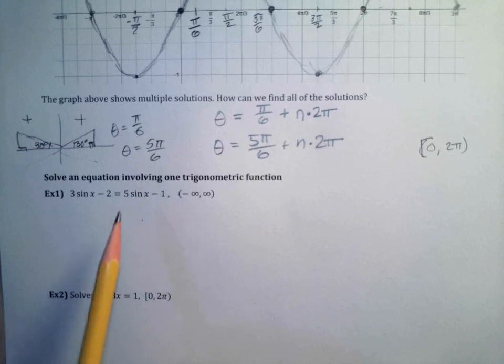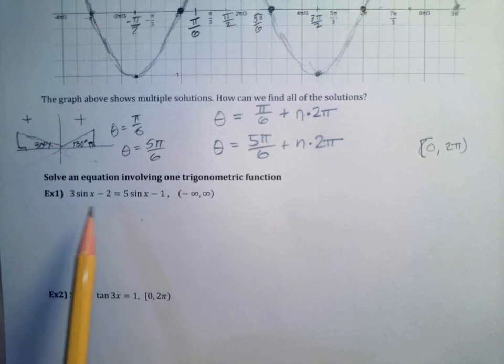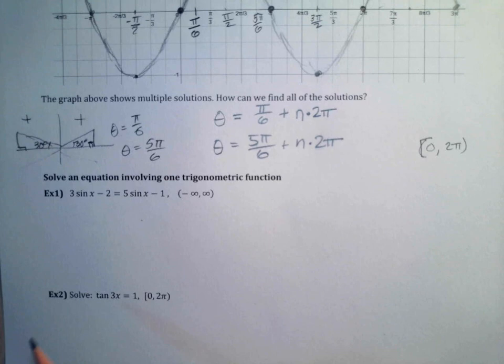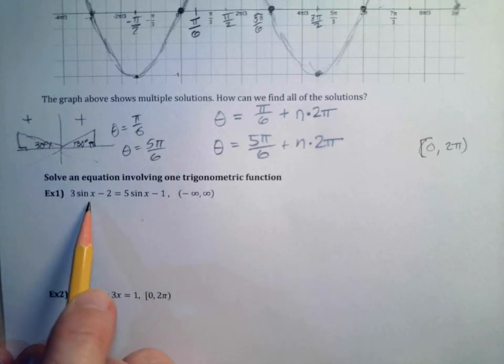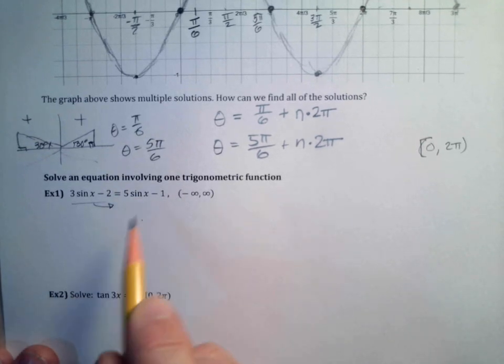All right, so what we could do here, we're going to solve this equation. Sometimes we want to get the sine or the trigonometric function by itself. Sometimes we might want to set it equal to 0 and factor it. So let's take this stuff over to the other side.